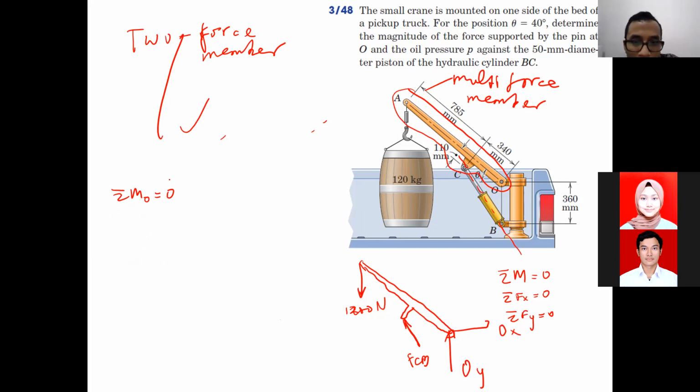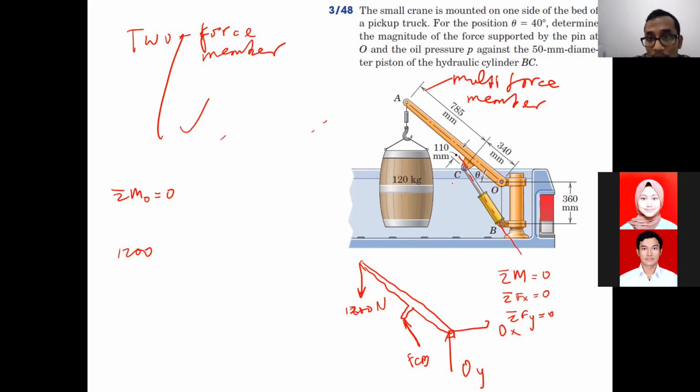Oke, hasilnya apa itu? Sigma momen sama dengan 0 itu, persamaannya jadi kayak gimana? 1200. Ini yang diketahui sudutnya adalah 40 derajat ya.